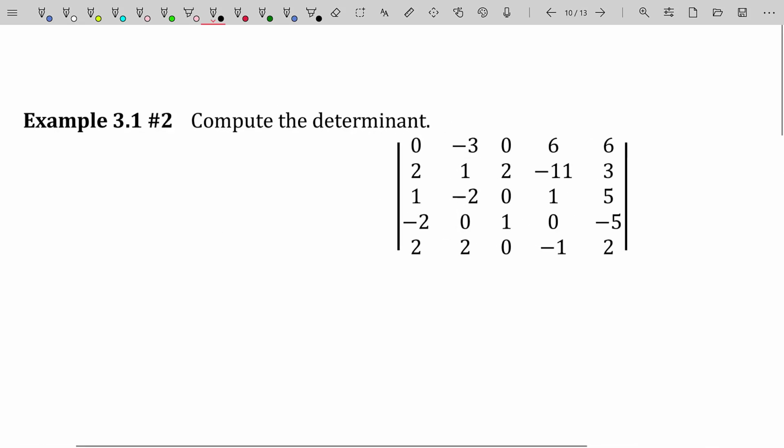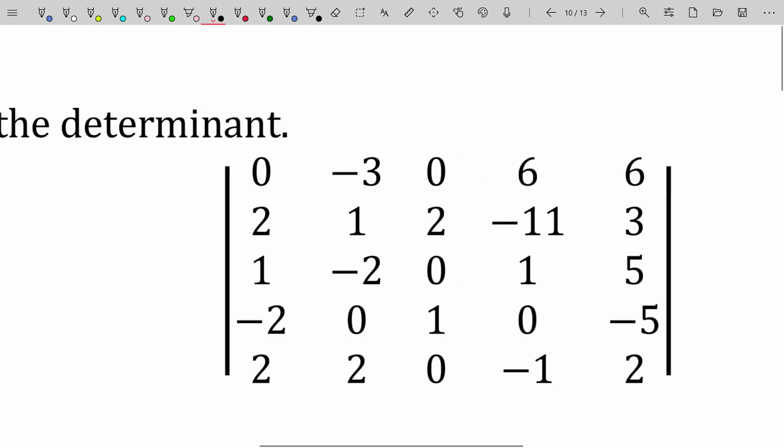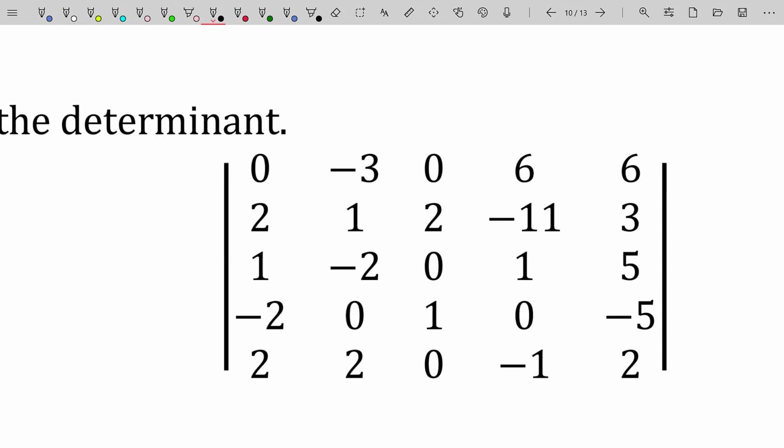So compute this determinant right here. Now remember, you can expand about any row or column that you want, and I said take advantage of zeros. The very first thing I want to tell you though is that the sign of the cofactor, the sign that sits in front of the minor, is just -1 raised to the sum of the indices for that entry.